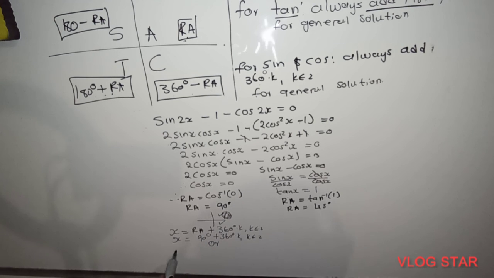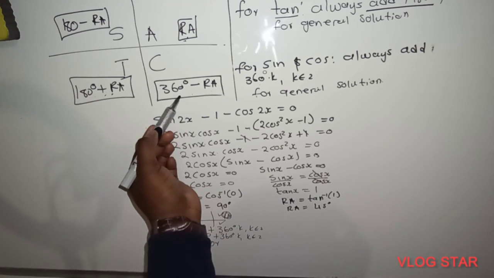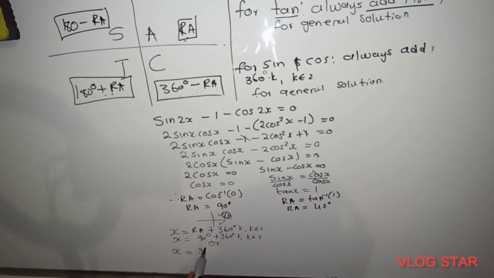Then we have to go and get the one for the fourth quadrant. For the fourth quadrant we have 360 minus RA. So I'm going to write 360 degrees minus RA plus 360 degrees dot k, k is an integer. Now we substitute the RA as 90 degrees and get the actual value of 360 minus 90, which gives us 270 degrees plus 360 dot k, k is an integer.